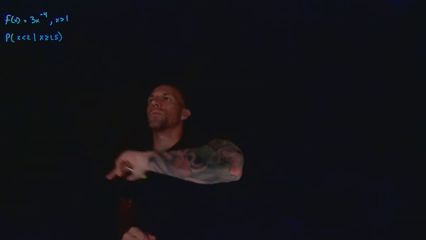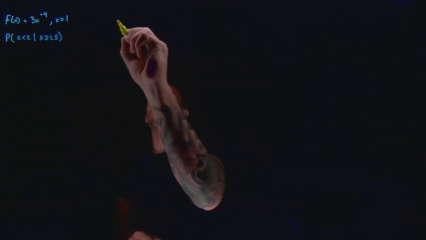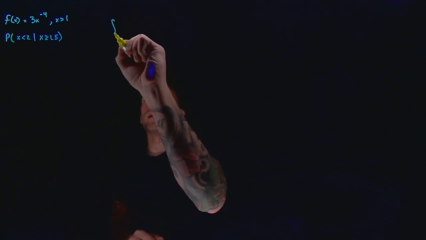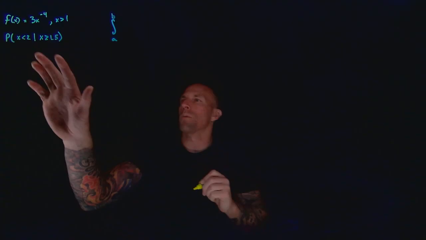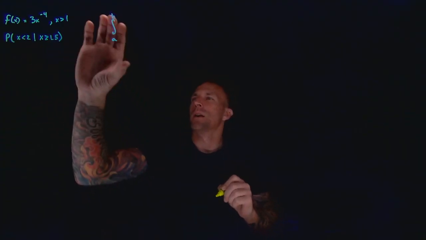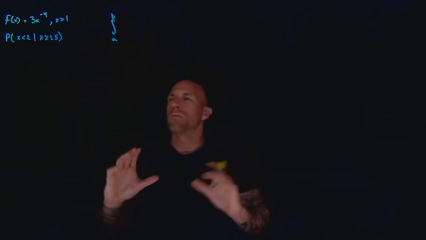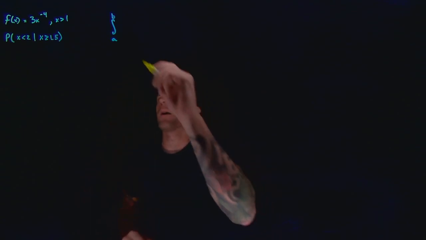So let's start with our function here. We're going to have to integrate, and I'm going to use the ends of integration a and b, because mostly what we're doing here in this problem is it's the ends of integration that really are the thing that you have to think about.